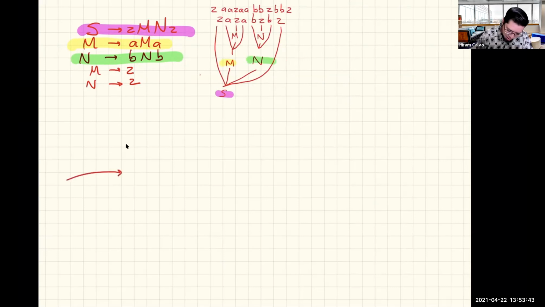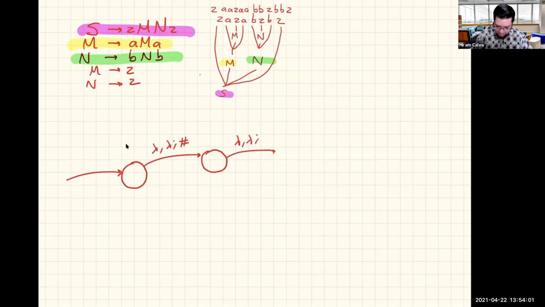So, how to do this? First, add a state, and this state will insert the hash into the stack. Then you will add an S into the stack. And then we will have a very big state just because we will have a lot of arcs coming in and out of it. And we will go back to that.